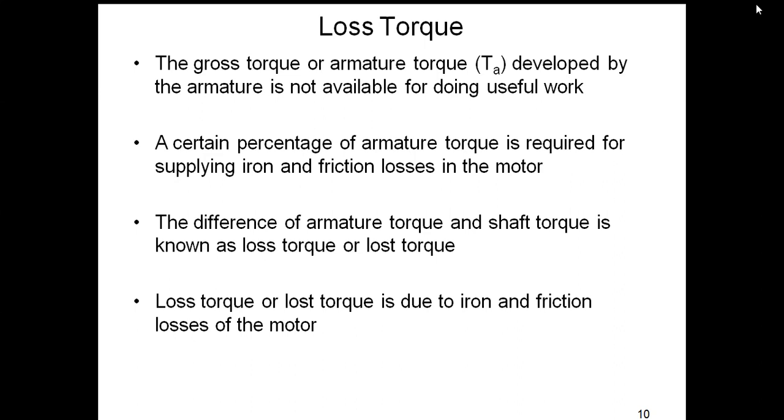This lost torque is mainly due to iron and friction losses of the motor. We lose this torque mainly because of these iron and friction losses. The lost torque is given as Ta minus TSH.